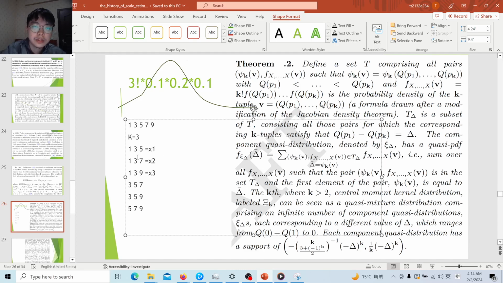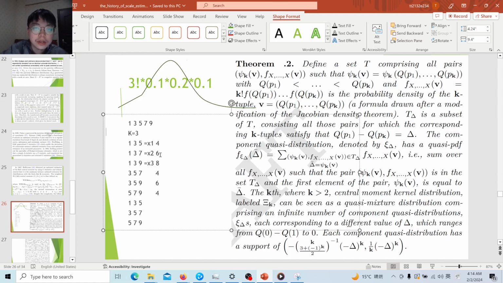For example, here we can find that the first quantile minus 5 is equal to 4, and then 6, 8. Yes, 4, 6, 4. That means if we consider a subset of T, T delta, it will be equal to 1, 3, 5, 3, 5, 7, 5, 7, 9. Yes, this is a subset of T, and another subset can be 6, right?